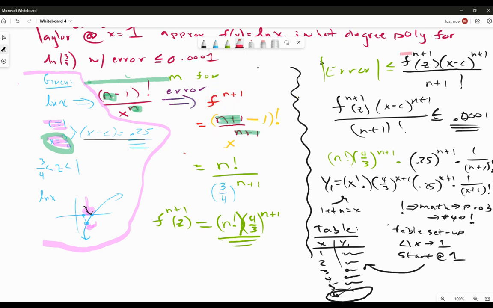The given information is going to get us to this point and this point, and from there we just substitute. Once we do a little algebra, we let n equal x right here, and then we use the table in the calculator. It takes a lot less time, guys.